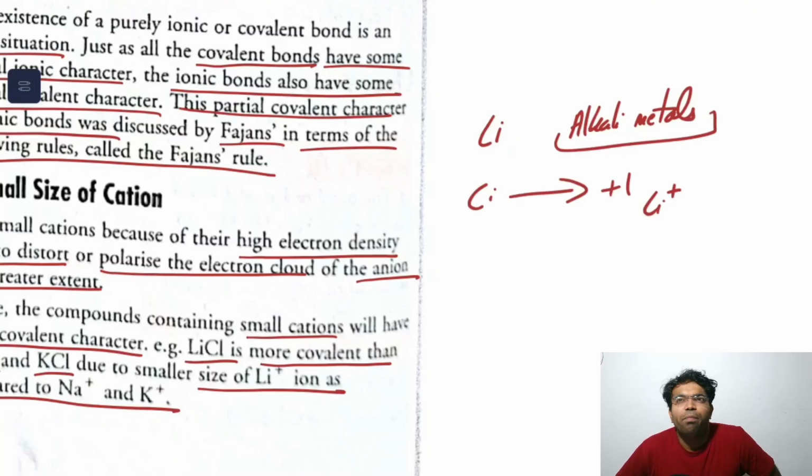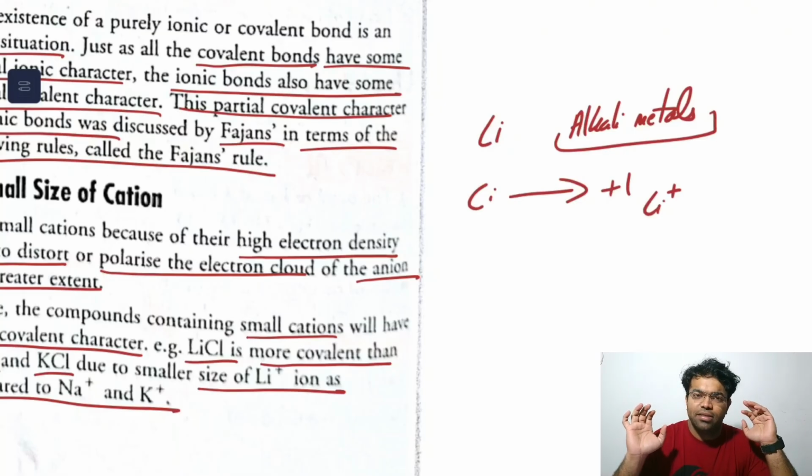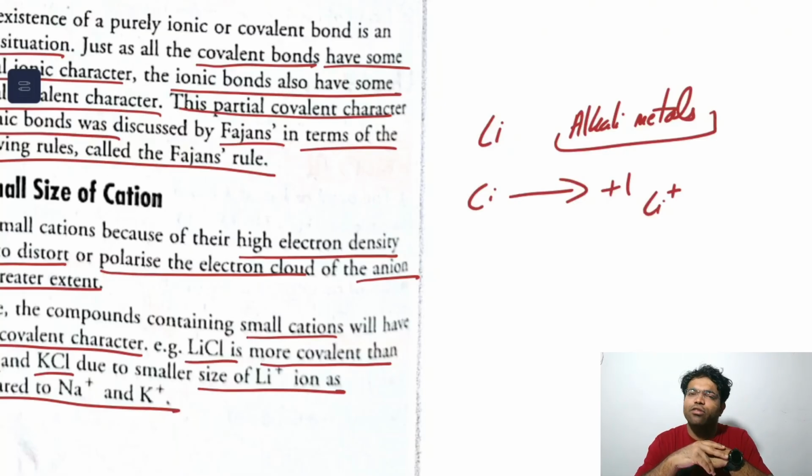So there is not enough space inside the L shell for all these electrons to stay easily. So there is a large electron density present in these types of metals. Okay, there is a large enough electron density present in a smaller metal.